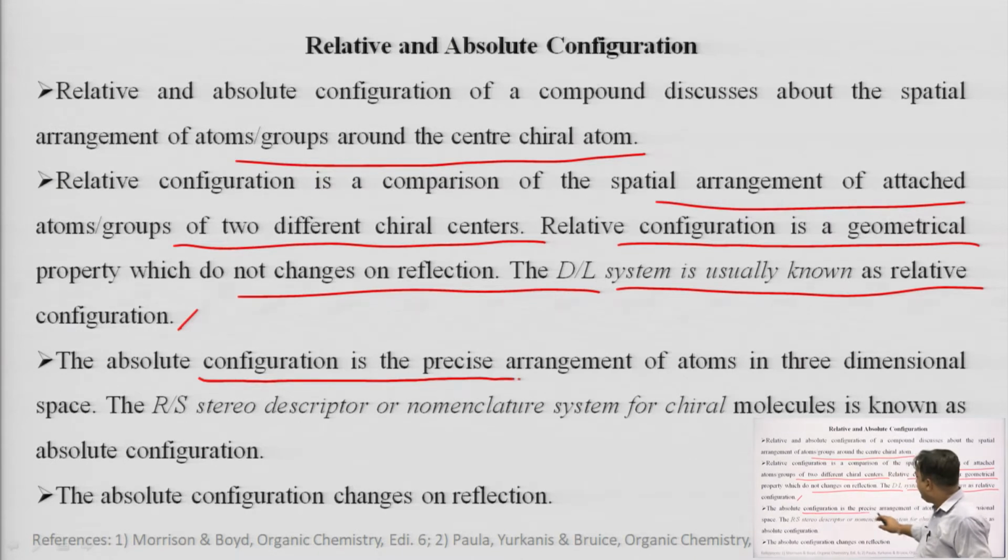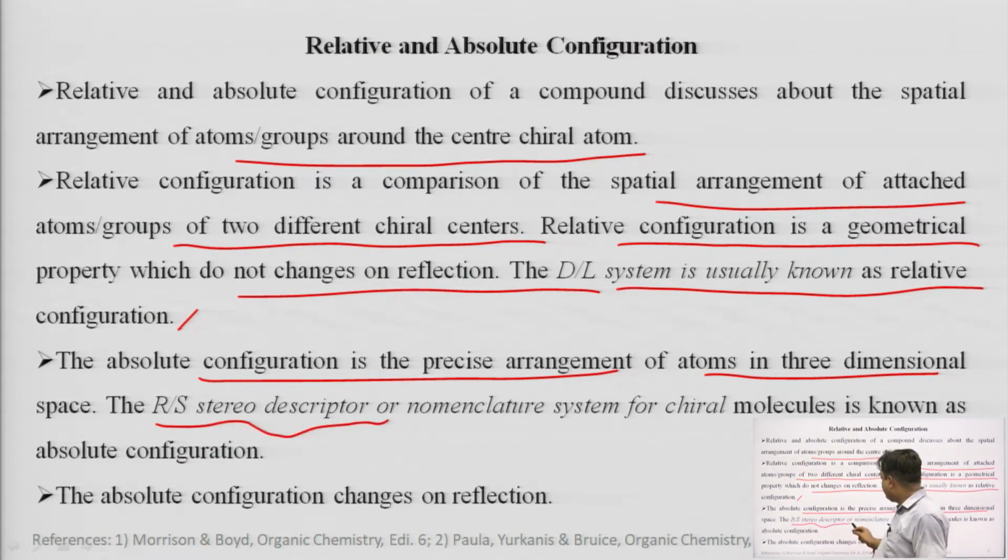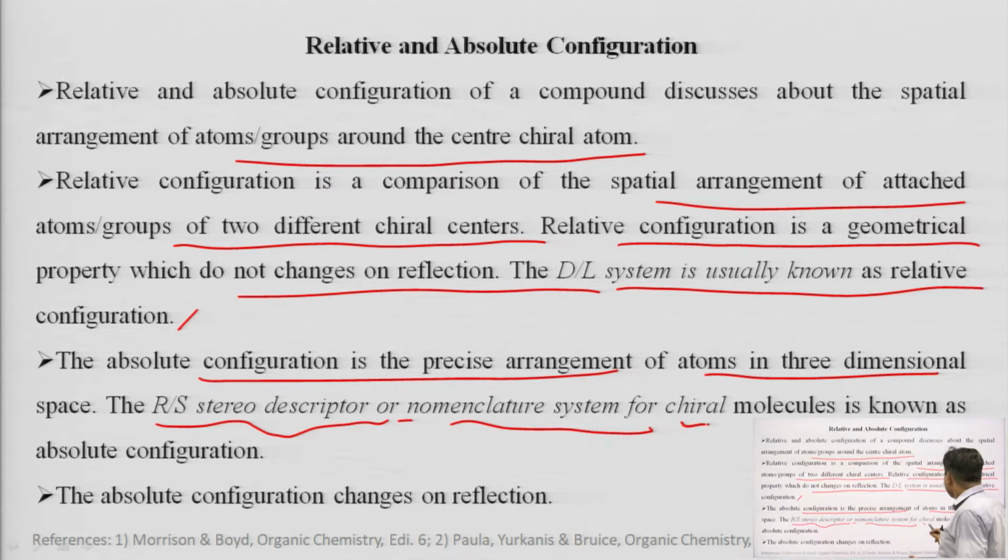The absolute configuration is the precise arrangement of atoms in 3-dimensional space. The RS stereo descriptors, or nomenclature system for chiral molecules, is known as the absolute configuration, because in this system we are not going to relate the arrangement of the groups or atoms in a particular molecule with any other molecule. We name the molecule in the RS system with the help of the sequence rule or the CIP rules.